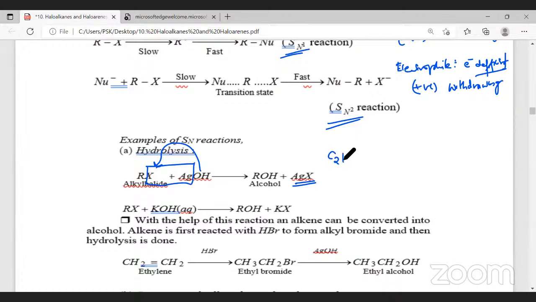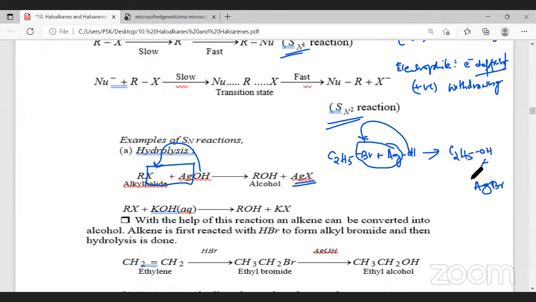For an example, we take ethyl bromide. This ethyl bromide, when allowed to react with silver hydroxide, what happens? AgBr gets eliminated, and in place of Br, OH goes. Therefore, you get C2H5OH, ethanol.